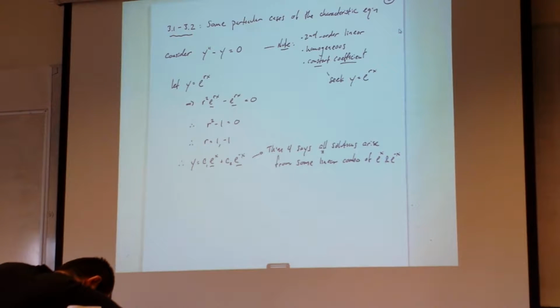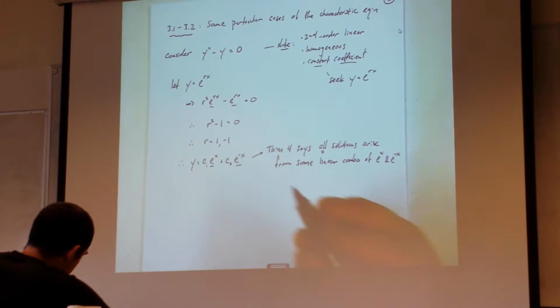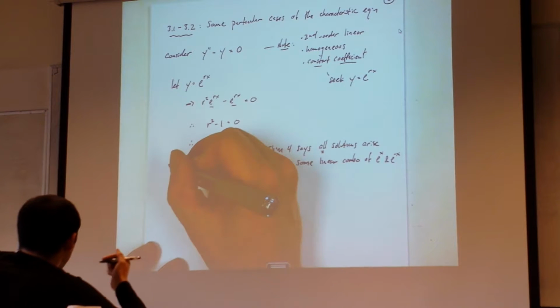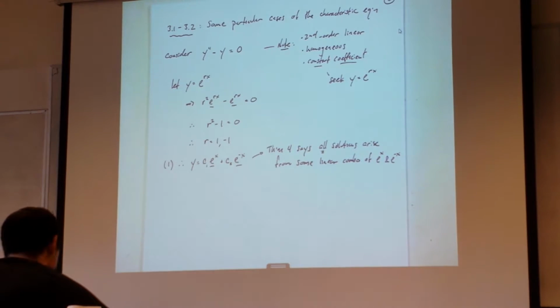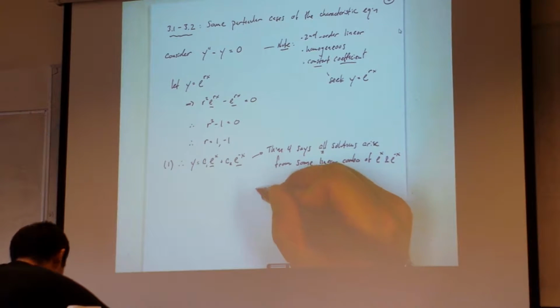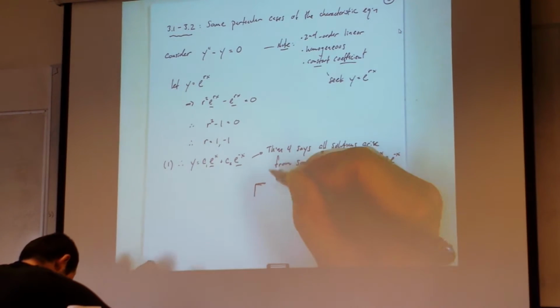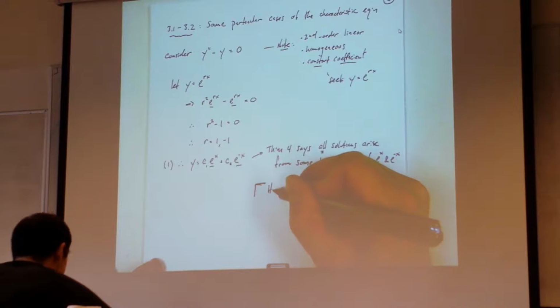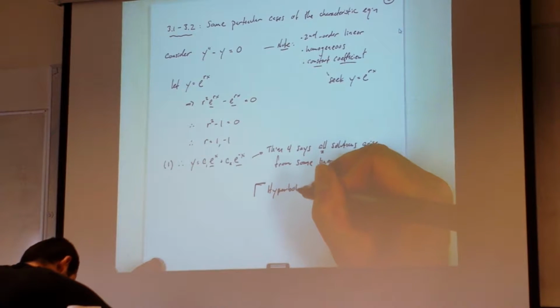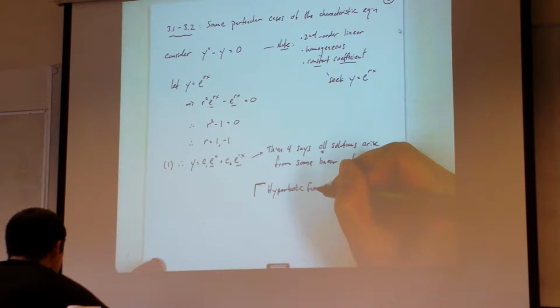Okay. All right. So for this example, I'm going to call this equation 1, just off to the side. A little bit of review, and I've forgotten about these two. I've heard about them, of course, but the hyperbolic functions, they're not that bad.